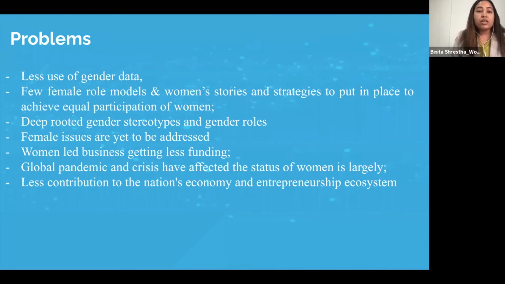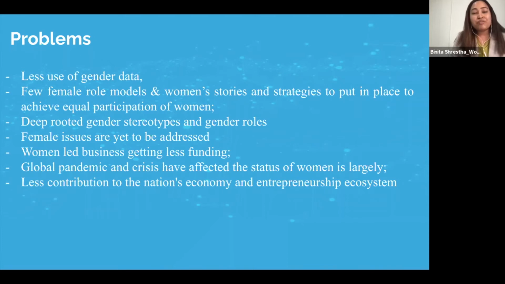And even the women who have gone through such experiences and made it through face hardship twice as much as their male counterparts. So even when women represent more than half of the world's population, our issues are yet to be addressed.